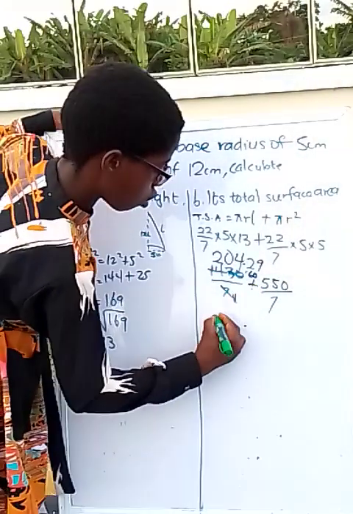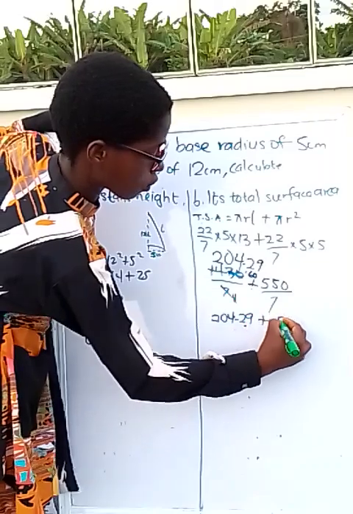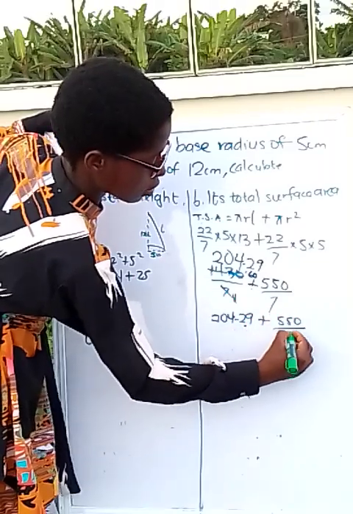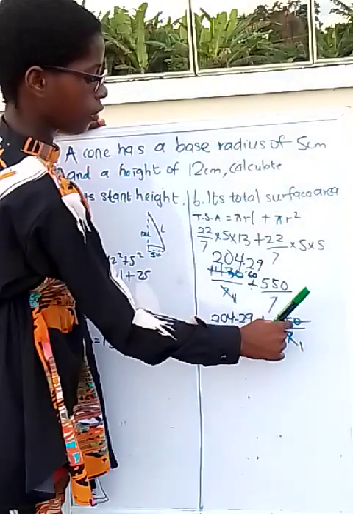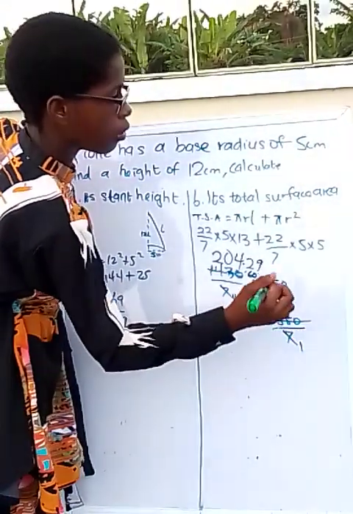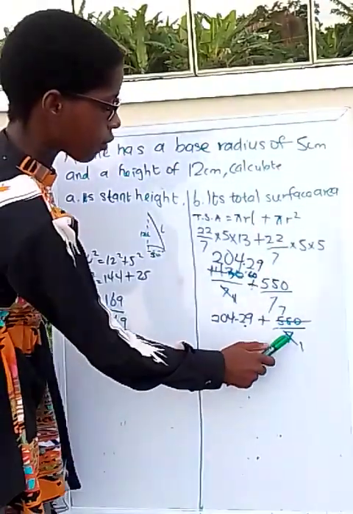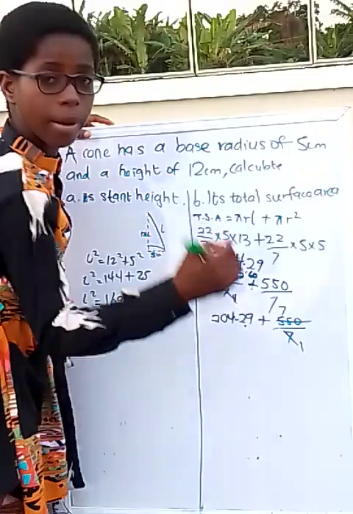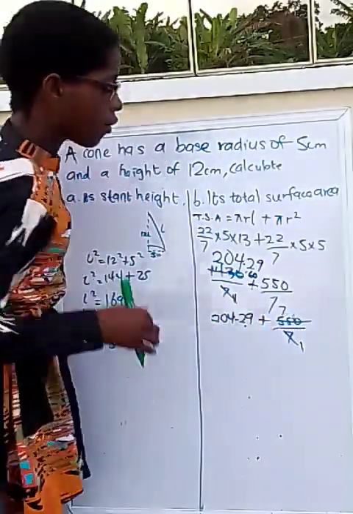plus 550 divided by 7. 7 in itself is 1. 7 in 55 is 7. Remainder 6. So you put the 6 here. 7 in 60 is 8.